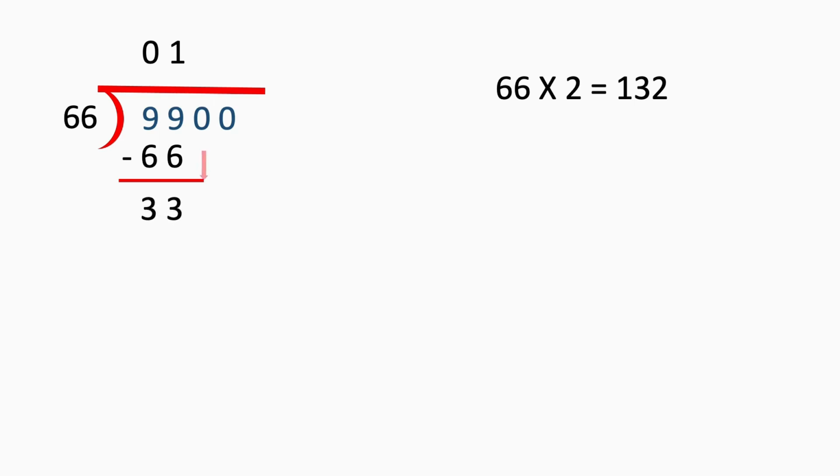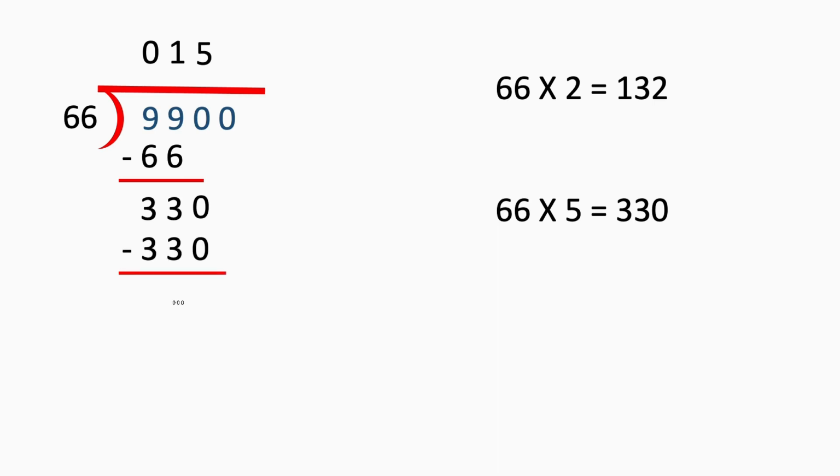Now we insert the next digit of the dividend, which is 0. This time we have to see how many 66s fit in 330. Yes, it's 5. 5 times 66 is equal to 330. Then 330 minus 330 equals 0. So the remainder is 0. But the last digit of the dividend has not been calculated yet.